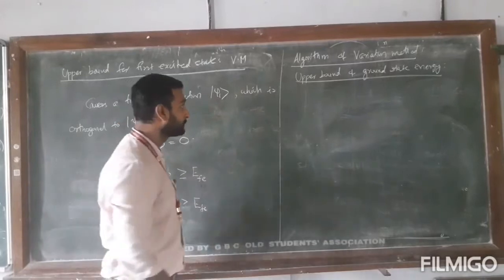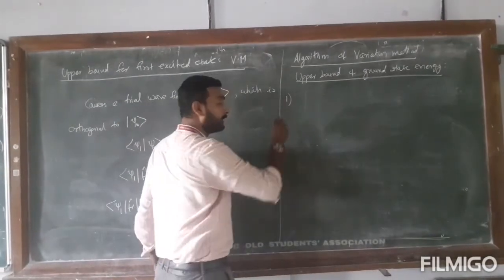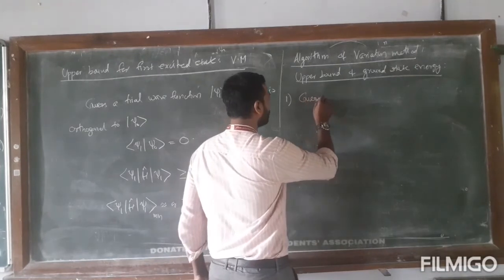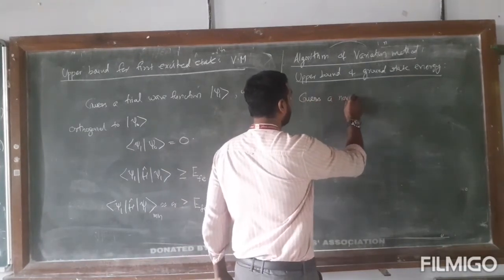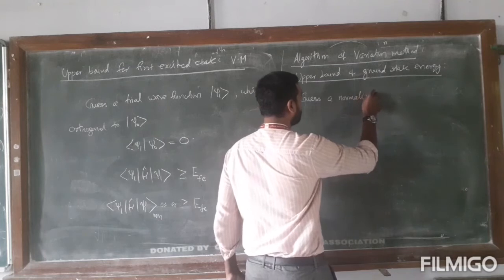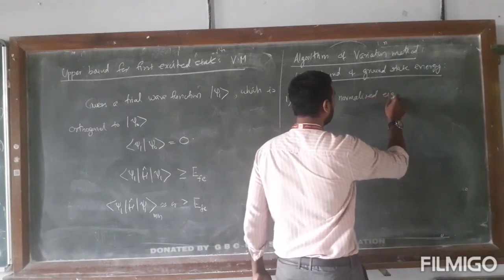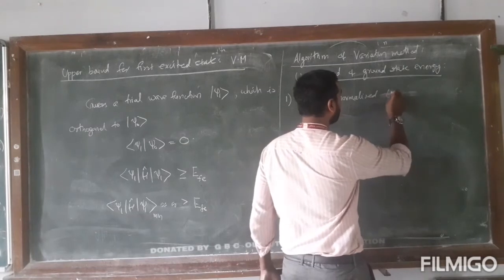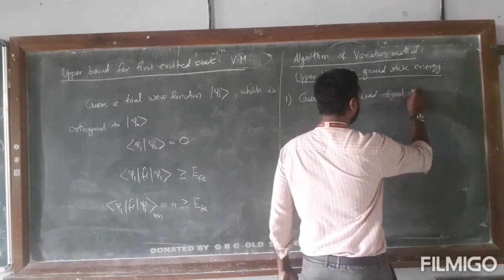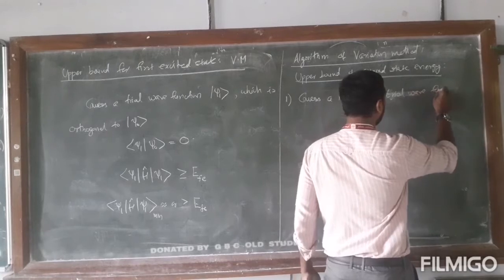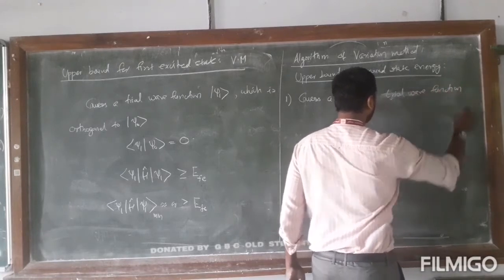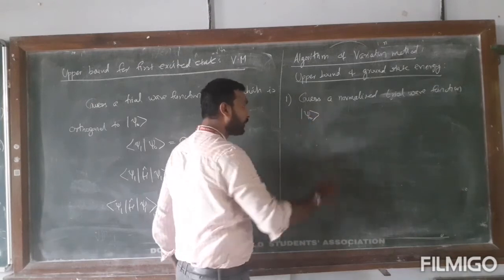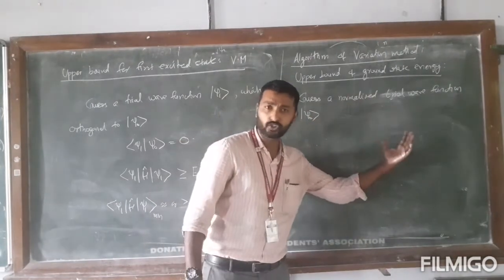Okay, so what are the steps? Step 1: guess a normalized trial wave function psi 0. Now if it is not normalized, that is not much of an issue.